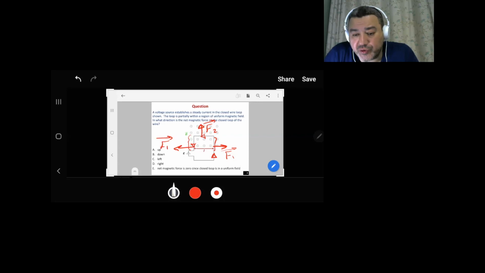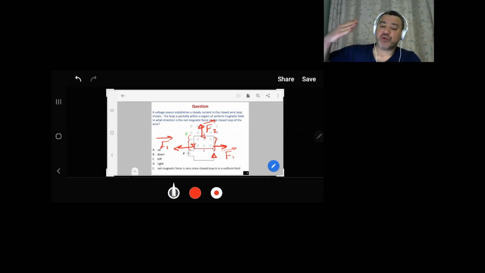This is the current, and we are talking about the current having the direction of the positive charges. So the current is always pointing in the direction of the positive charges. Yes, but it is the opposite.